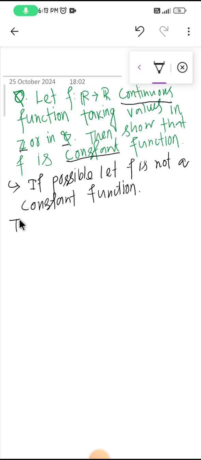Then there exist two points x1 and x2 belonging to R such that the images of x1 and x2 are not equal, or you can say that the images of x1 and x2 are different. Why? Because f is a non-constant function.